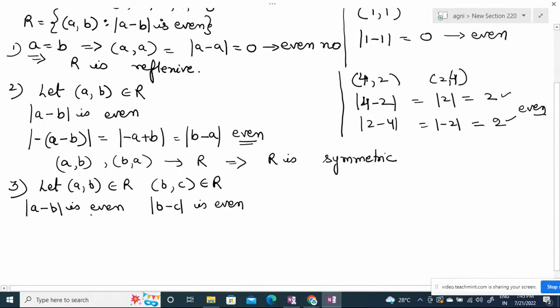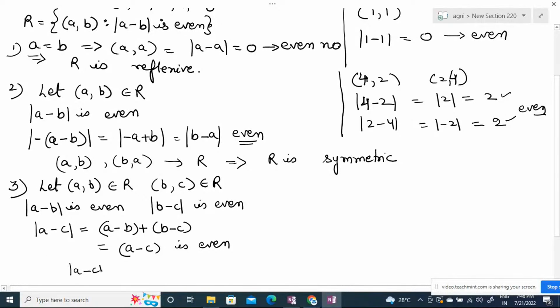So if we check A minus C, what is its value? It is A minus B plus B minus C. You have to check for this. So B and B get cancelled, and we get A minus C, which is even. So from here we can say that A minus C is even. That means R is transitive.